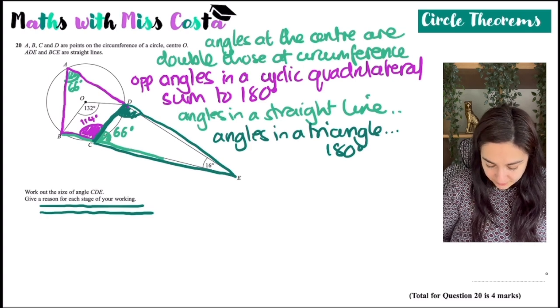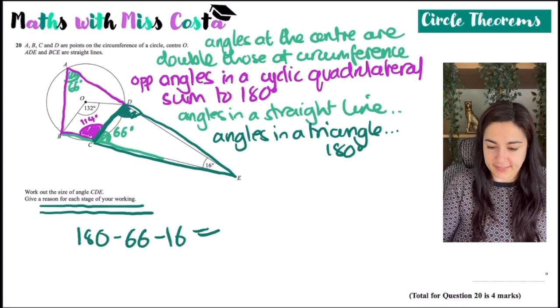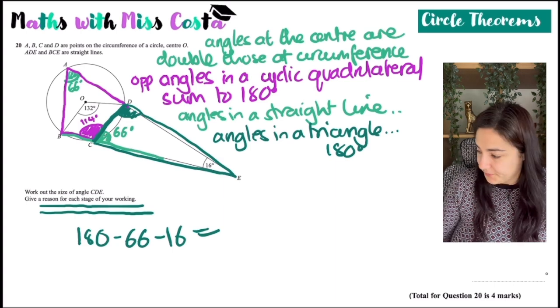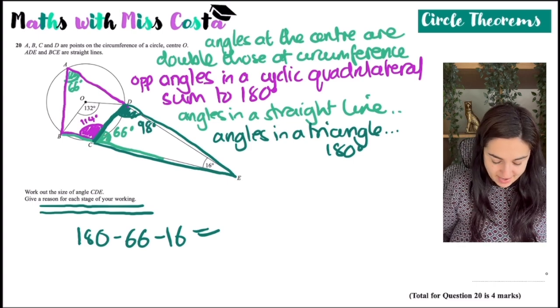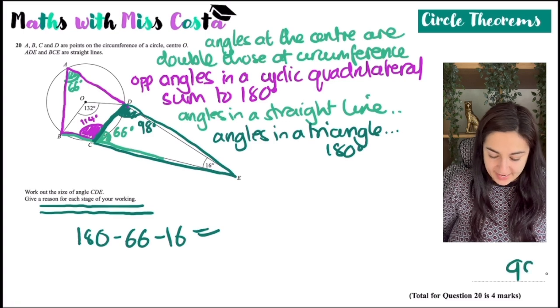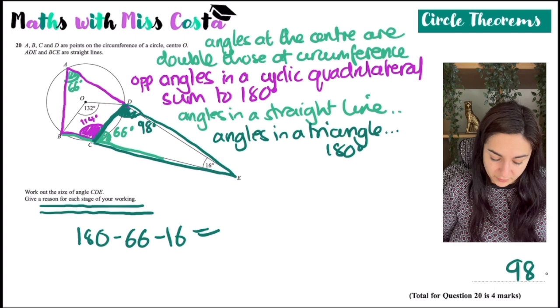So 180 take 66 take 16. 180 take 66 take 16 is 98. So over here I have got my angle CDE equals 98 degrees, and my reasoning is, I mean, if I were you, I would write the reasoning a little bit better.